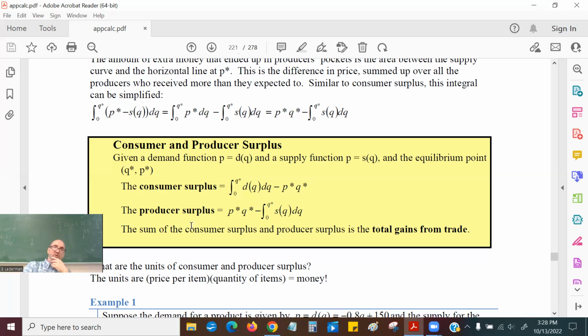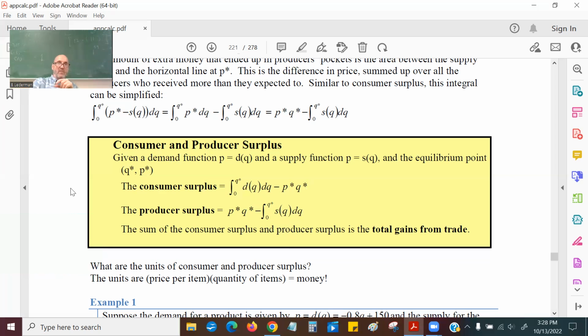And the producer surplus is p star q star minus the integral of s of q dq, taken, of course, from 0 to q star. And the sum of the consumer surplus and the producer surplus, that's called the total gains from the trade. Because remember, we said everybody's a winner here.